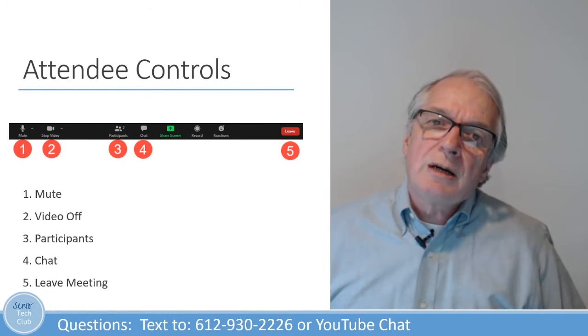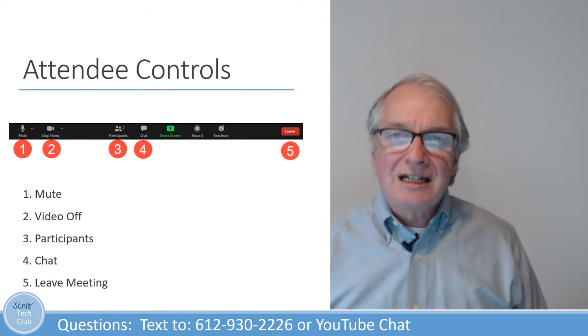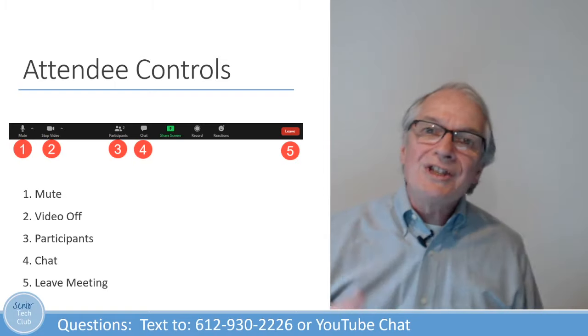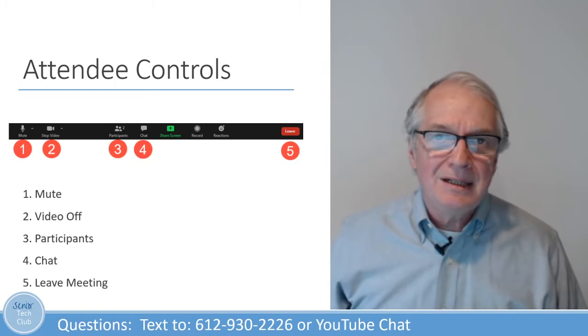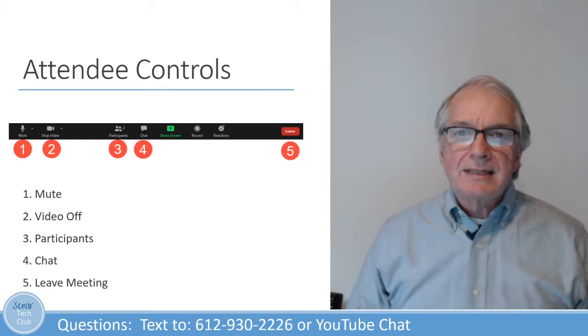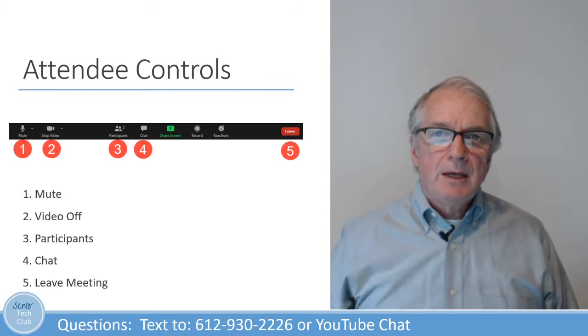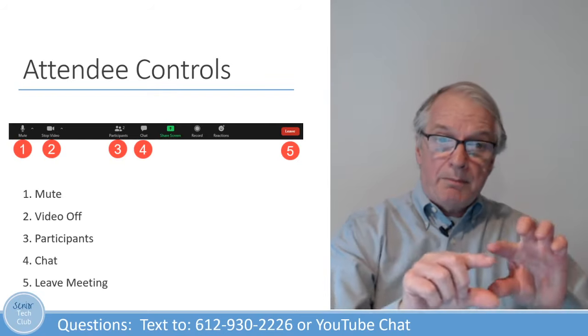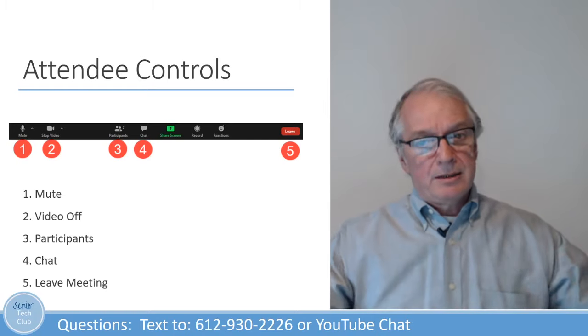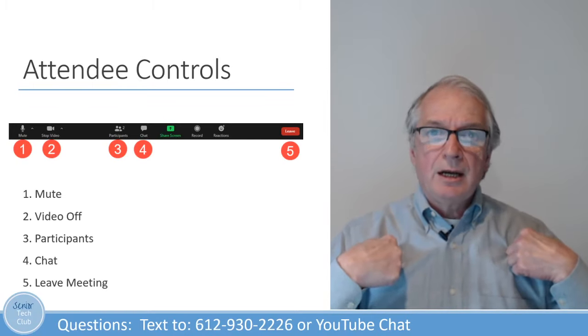All right, let's also talk about attendee controls. Right, so once you are in this meeting, you will have a set of attendee controls. Now, if you look at the bar with the numbers on it, the numbers are my numbers to help identify.